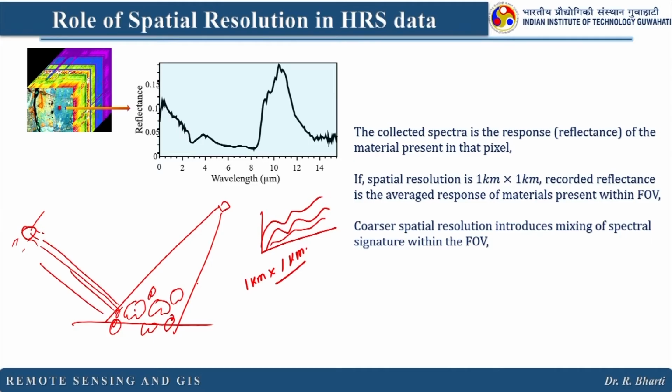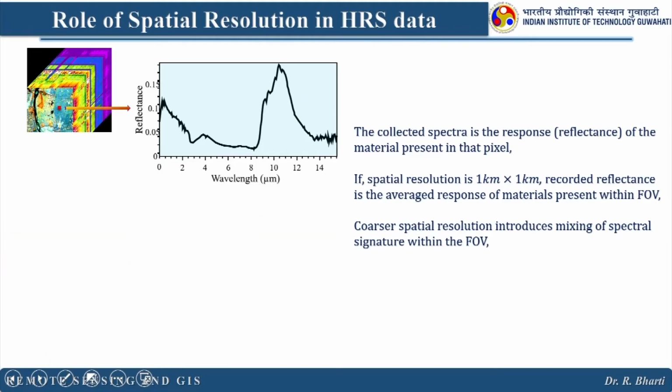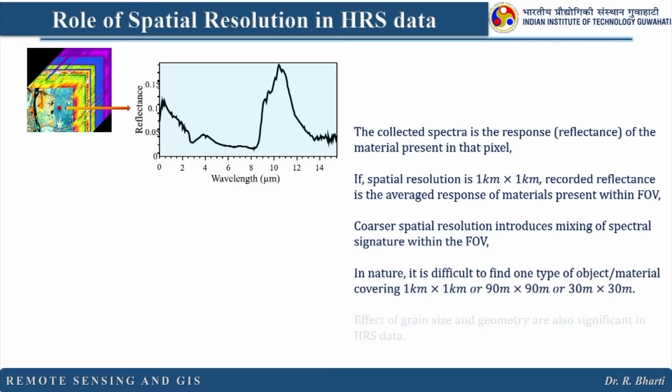But since my pixel size is bigger, containing all of them together, they will be averaged, right, and then ultimately you get this kind of spectral signature. So, this again tells you that coarser resolution introduces mixing of the spectral signature within the field of view, right.